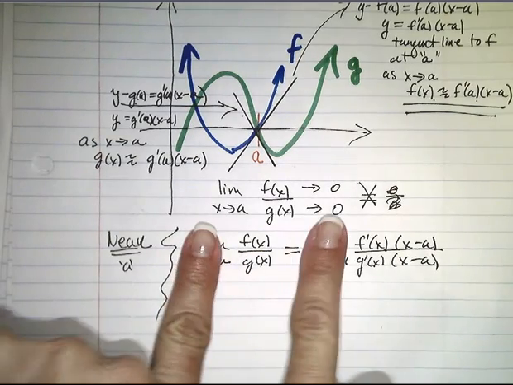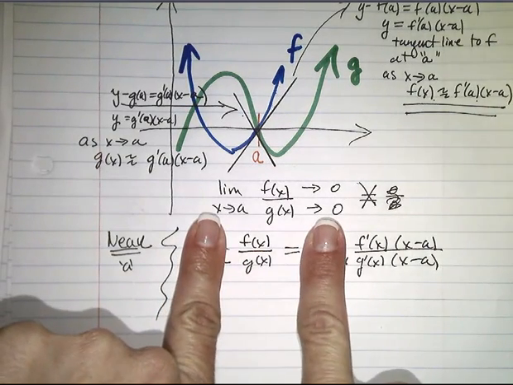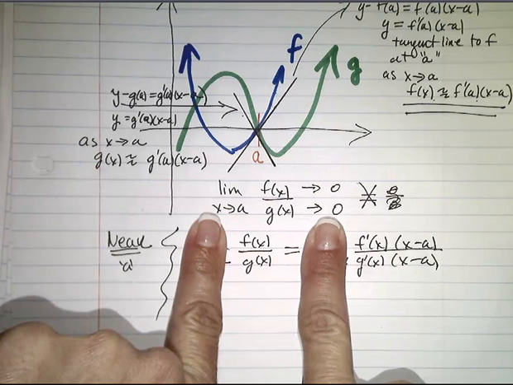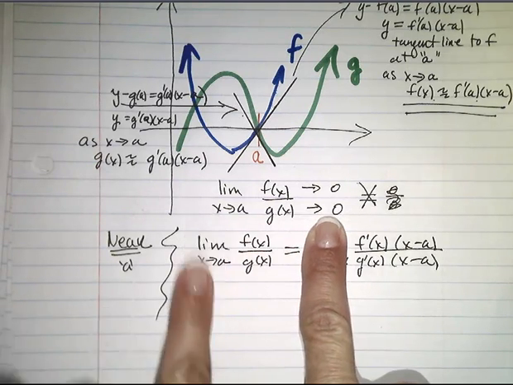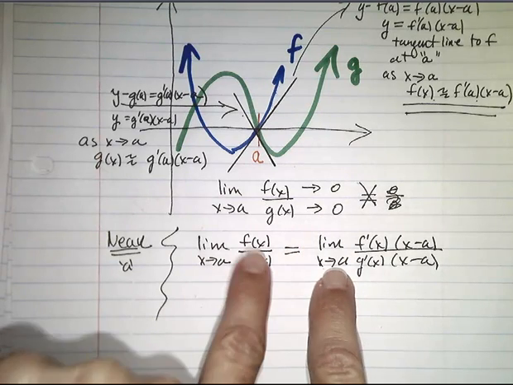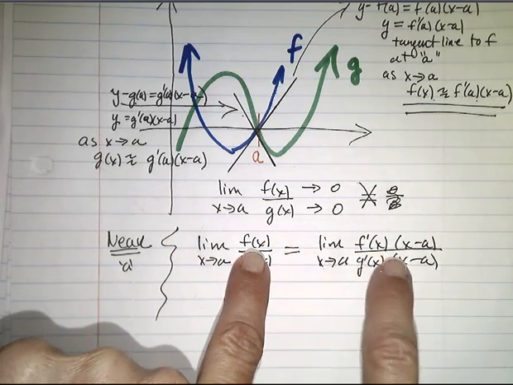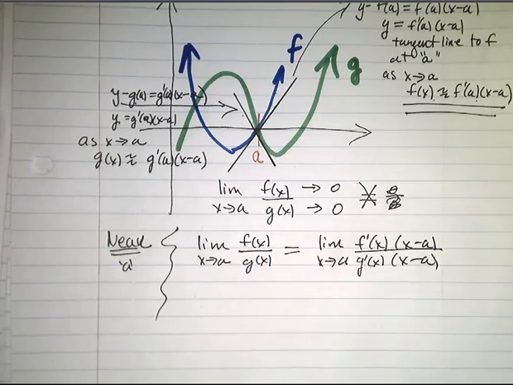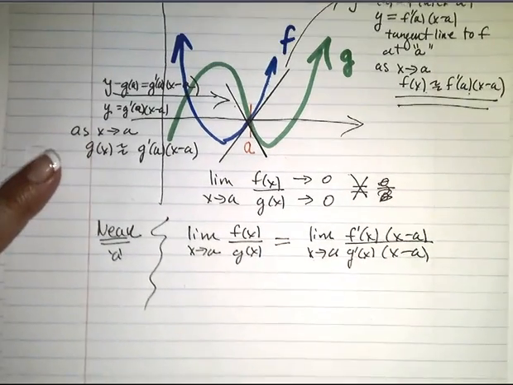So kind of looking at it this way, f of x equals its tangent line, g of x equals its tangent line, is not really what we're saying. We're saying that as x goes to a, f looks more and more like the tangent line at a. Now that's pretty nice.